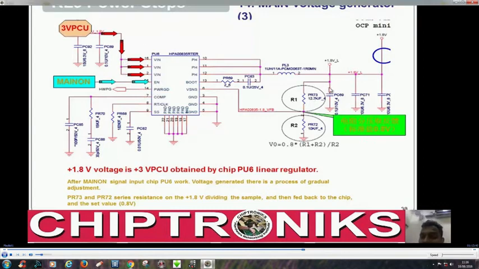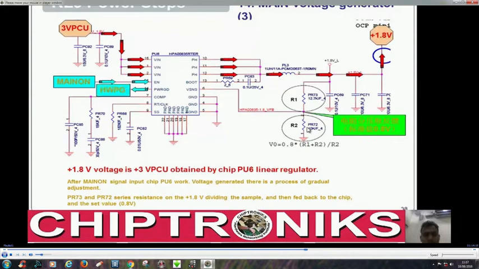You see, by checking, the output is connected to the input via these resistors, so we must check this resistance value, and according to this R1 and R2, this output is changed, and you can see the value of Vout is 0.8 into (R1 plus R2) by R2, right? So if we change this R1 and R2, we can change this output voltage. This is a linear voltage regulator, and we must check these two resistors.